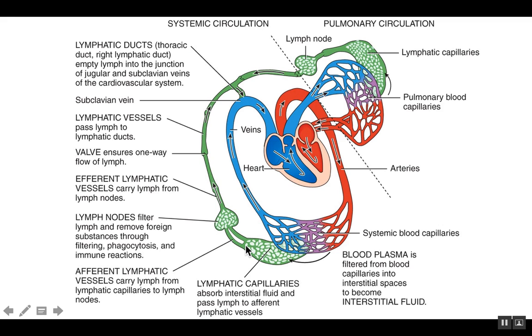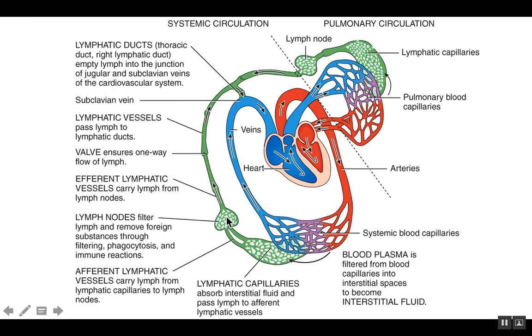Those capillaries merge into vessels. The lymph will run through filters known as lymph nodes. So notice that that represents a lymph node that's going to filter out any pathogens. Any foreign substances that get collected, we want to get them. We want to have lymph nodes harboring immune system to destroy those pathogens.